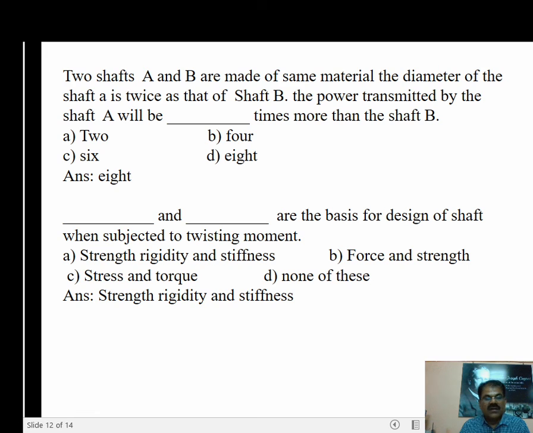The answer is strength, rigidity and stiffness.